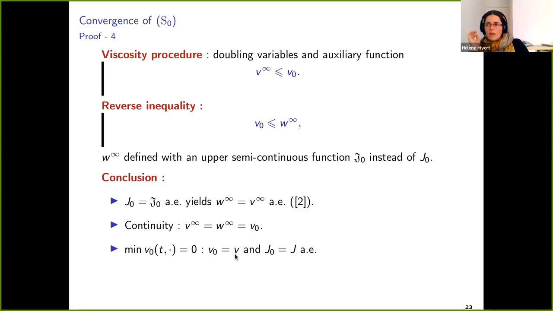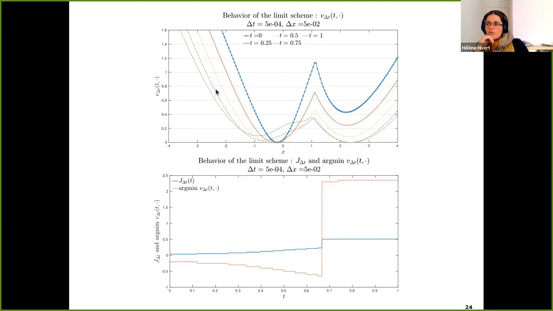And so, just a few numerical tests. You can plot the solution of the limit scheme with respect to time. It is just to emphasize the fact that the scheme is stable when the solution has only Lipschitz regularity.